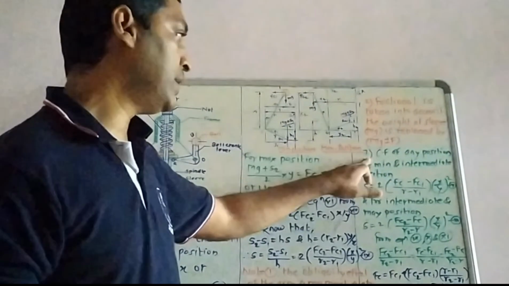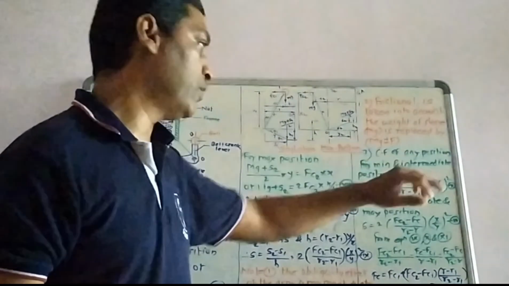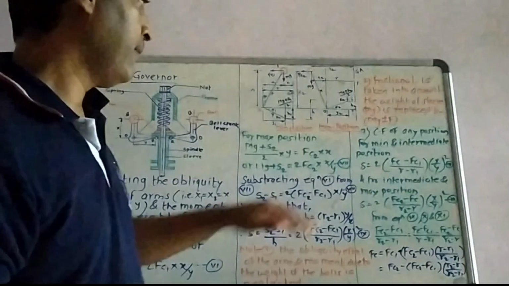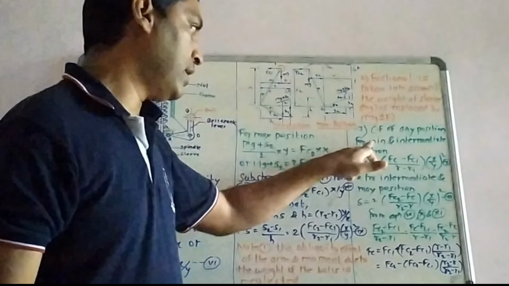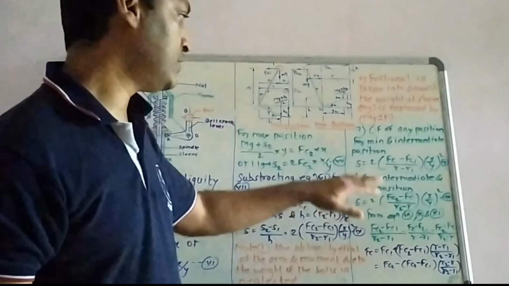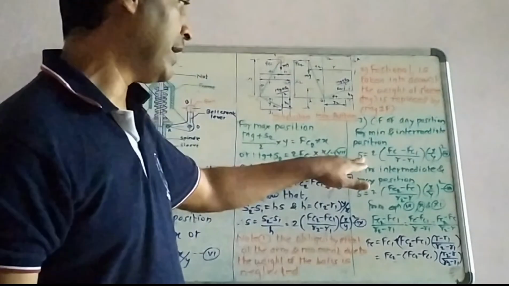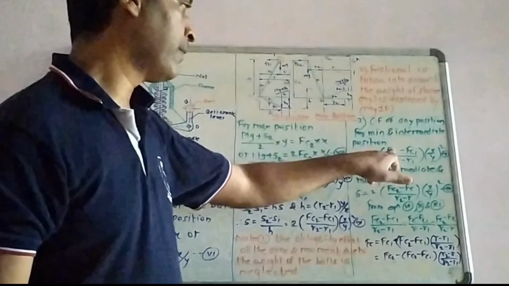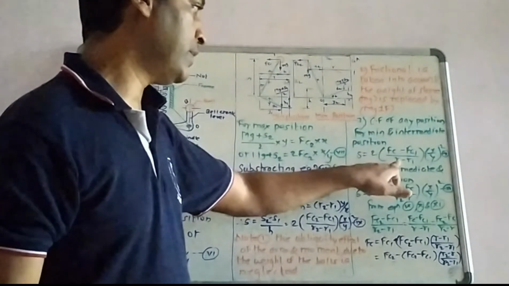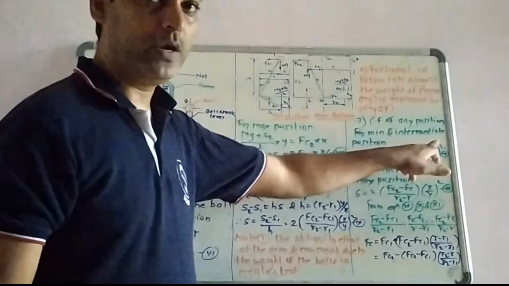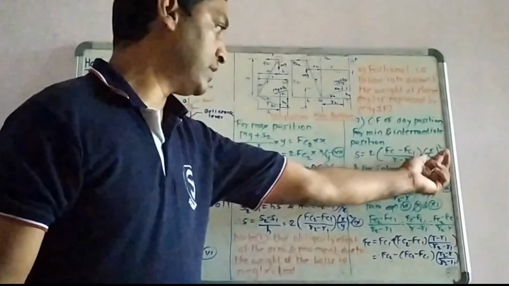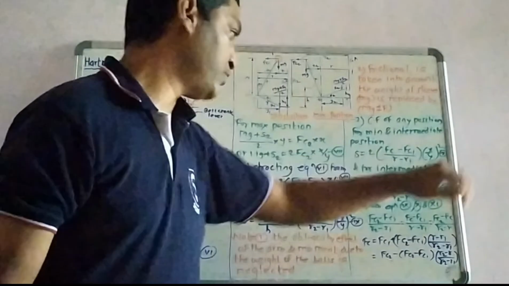Then next one, the centrifugal force at any position, that is intermediate position, by considering the minimum and maximum positions. For the minimum and intermediate position, you can write s equals 2 into (Fc minus Fc1) divided by (R minus R1) into x divided by y, whole bracket square. Give equation number next for this one.